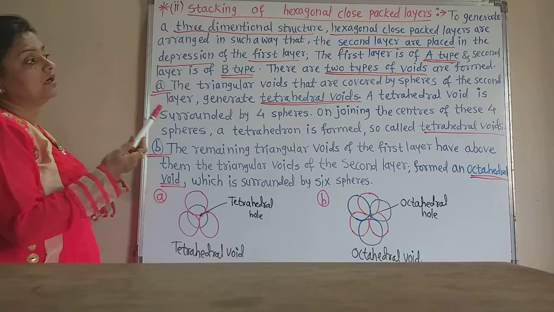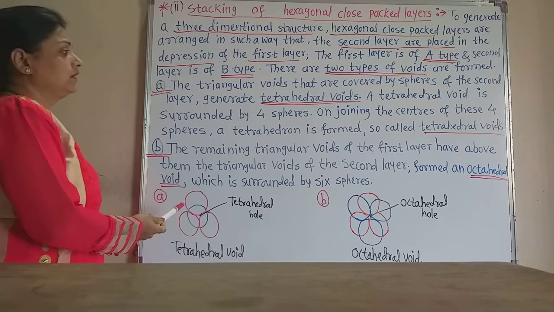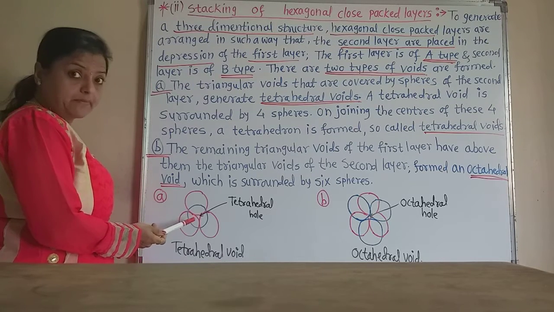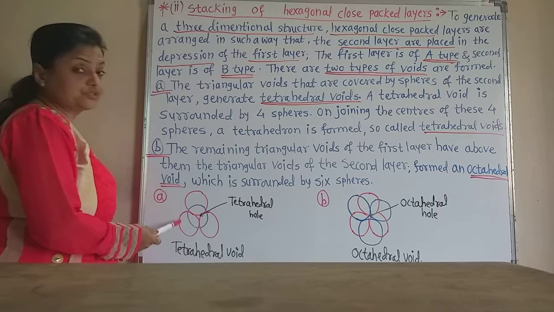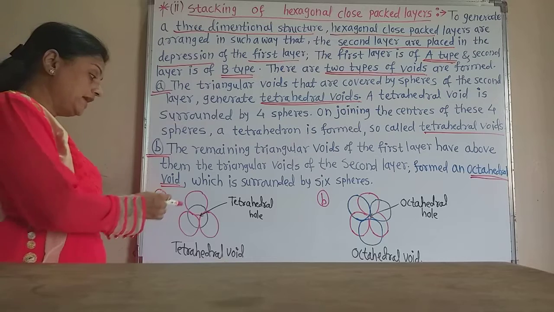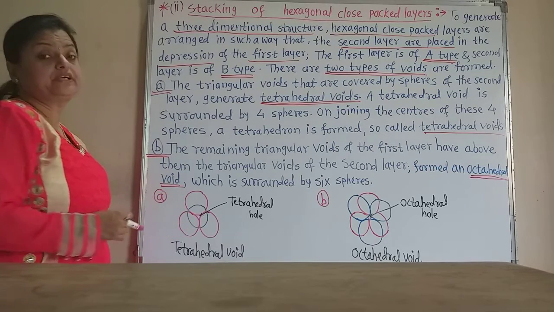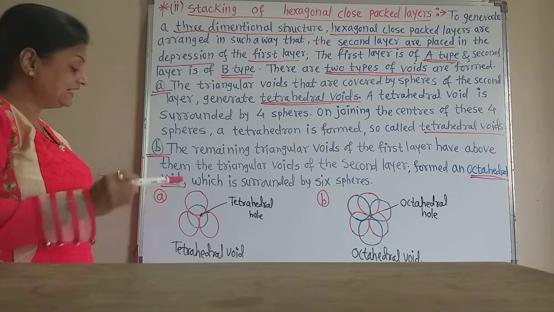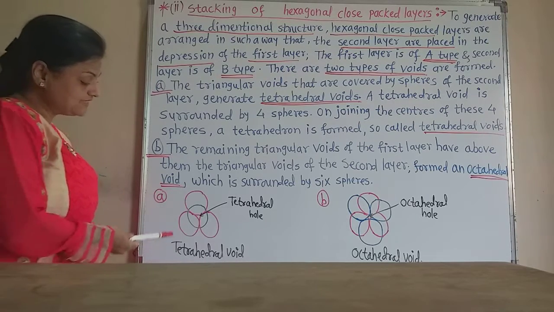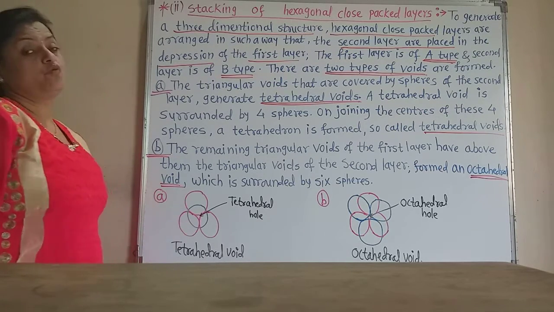That means this tetrahedral hole or void is surrounded by four spheres. And if we join the centers of these four spheres, a tetrahedron will be formed. And so the name is tetrahedral void.